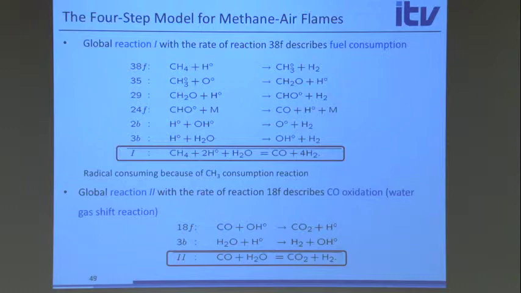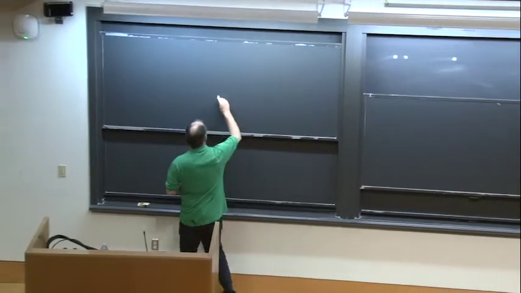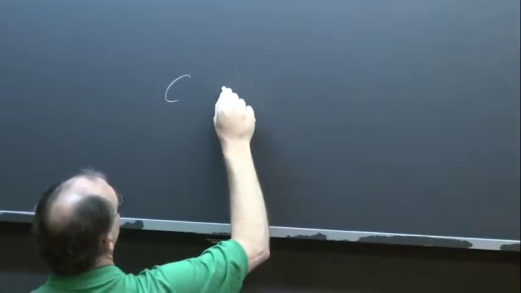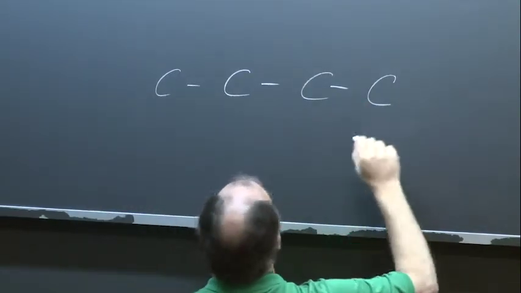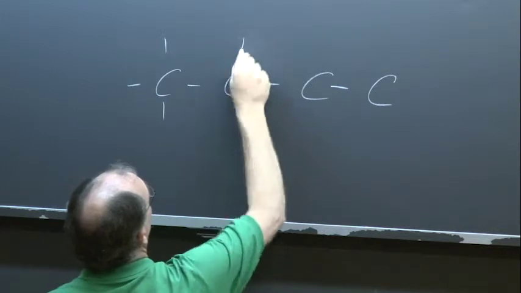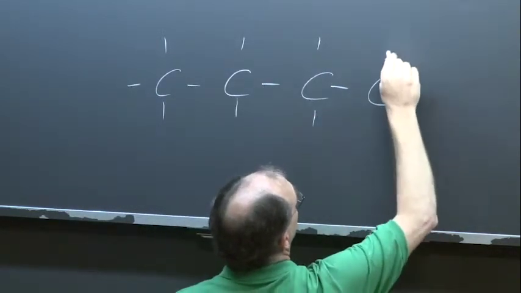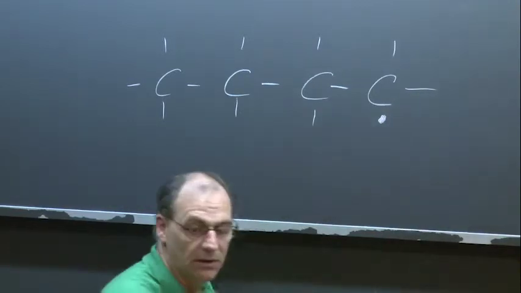So for example, if I have a radical, let's take a longer chain radical, whatever, I have here butane, okay? And then let's say I take a hydrogen away from this carbon, and I have a radical.